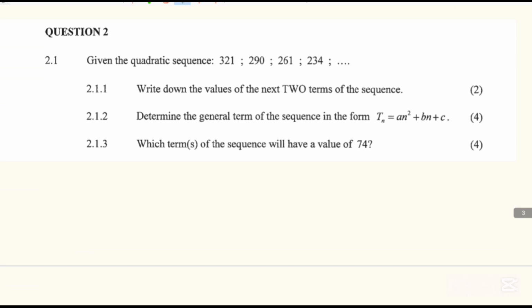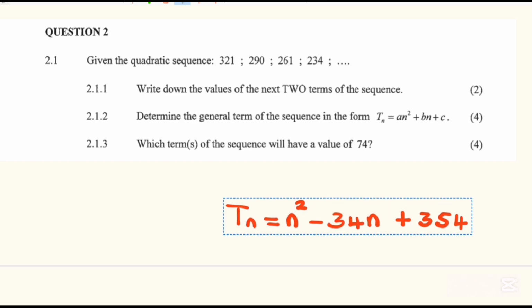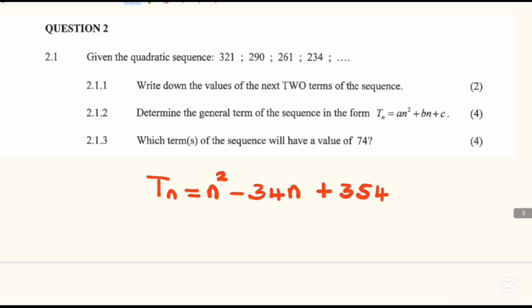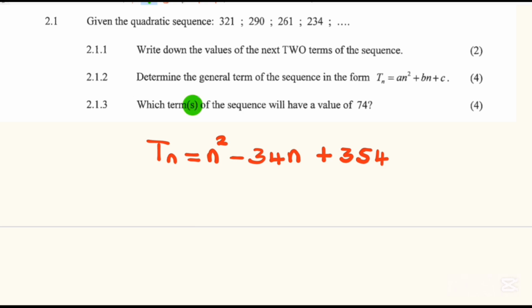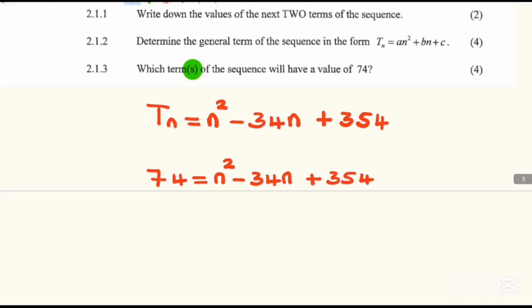2.1.3, which term or terms of the sequence will have a value of 74? So when they specify that we have term or terms, we might have more than one solution. So our Tn is equal to 74. Where there is Tn, we substitute 74, and this will be equal to n squared minus 34n plus 354. So we have to determine the n.